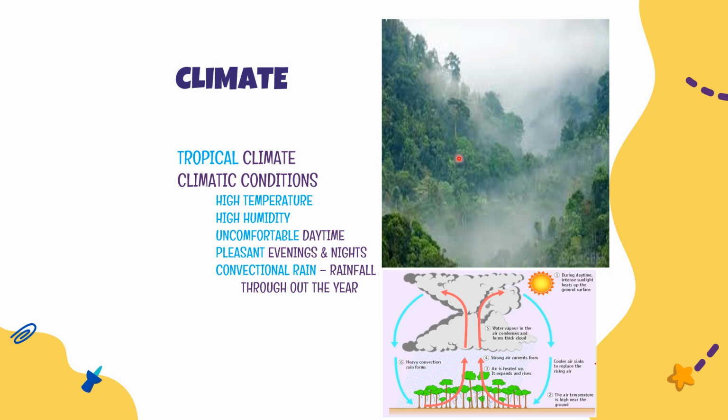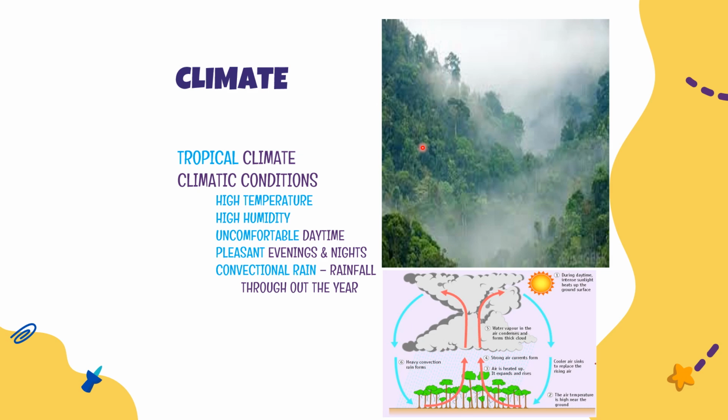All the trees in this forest never shed their leaves at the same period of time. They do shed their leaves, but not at the same time. That is the difference between other forests and evergreen forests. Since they do not shed their leaves at the same time, it always remains green. So that is the reason why it is called evergreen forest.